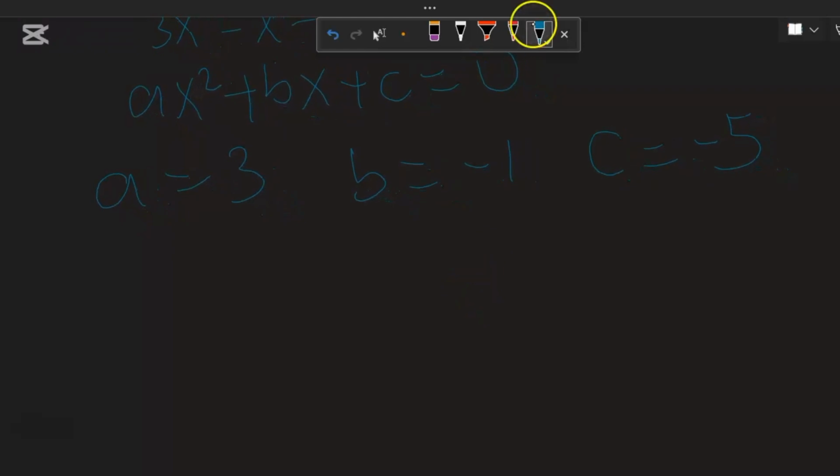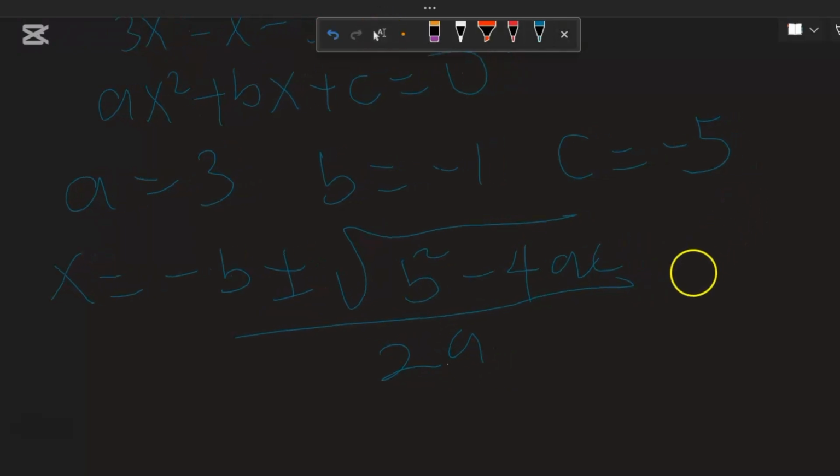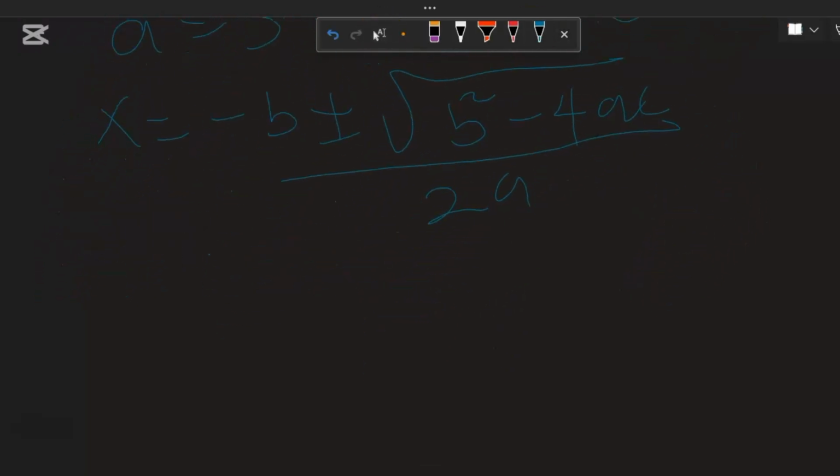The formula says x equals negative b plus or minus the square root of b squared minus 4ac, over 2a. So now let's input.